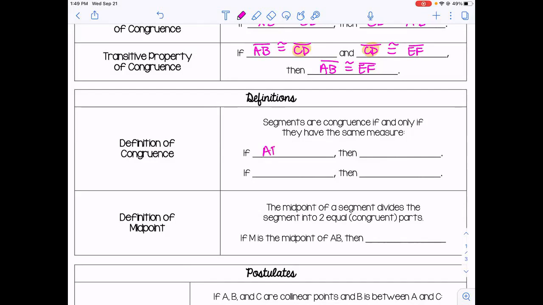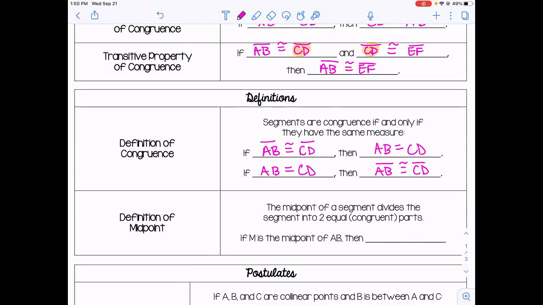Okay, now. If AB is congruent to CD, those are segments, right? If AB is congruent to CD, Jack, what do we know about the measures of the two segments? Okay, if the measure of segment AB is equal to the measure of CD, then we know that segment AB is congruent to segment CD.